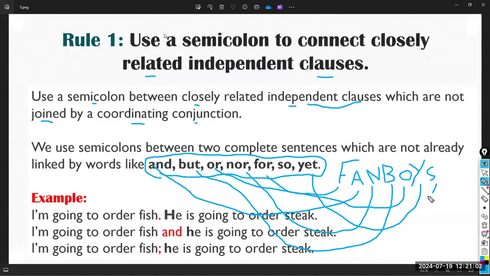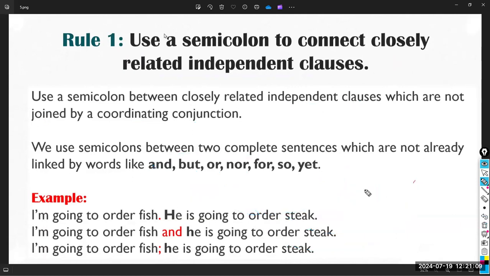And finally S for so. So these are the coordinating conjunctions we have to use to join two independent clauses. And this kind of sentence is called compound sentence. So now the rule is saying we have to use these semicolons between two complete sentences or clauses which are not already linked by one of these coordinating conjunctions.